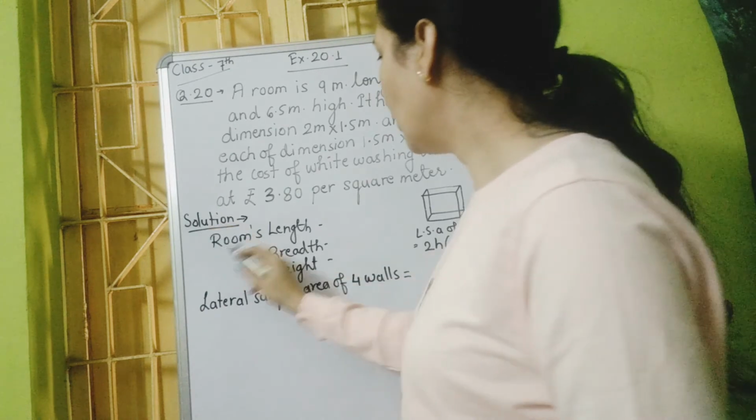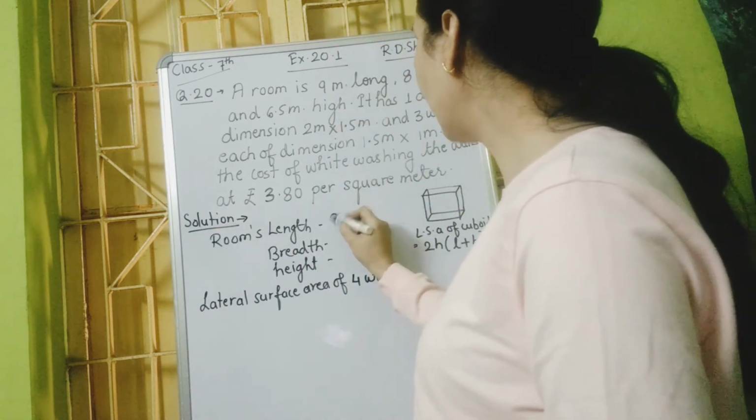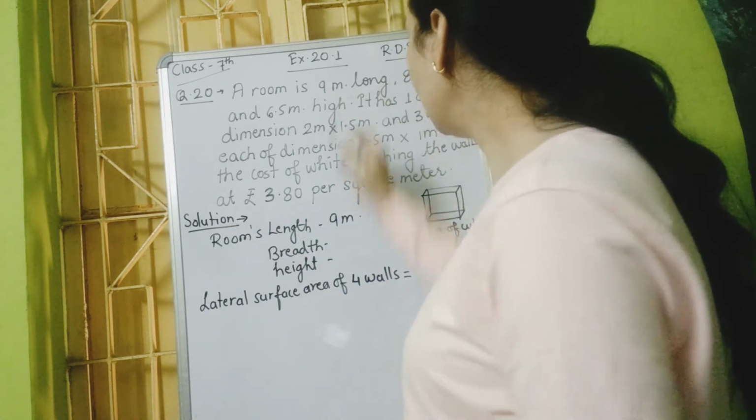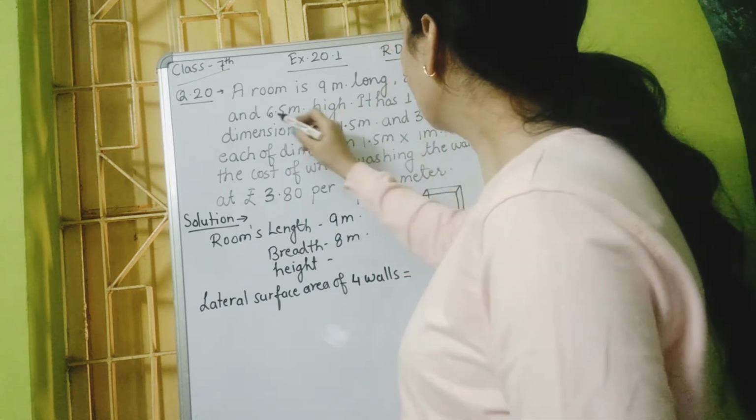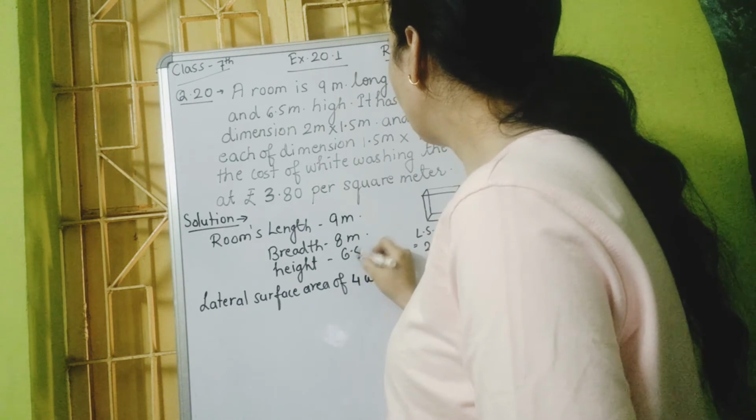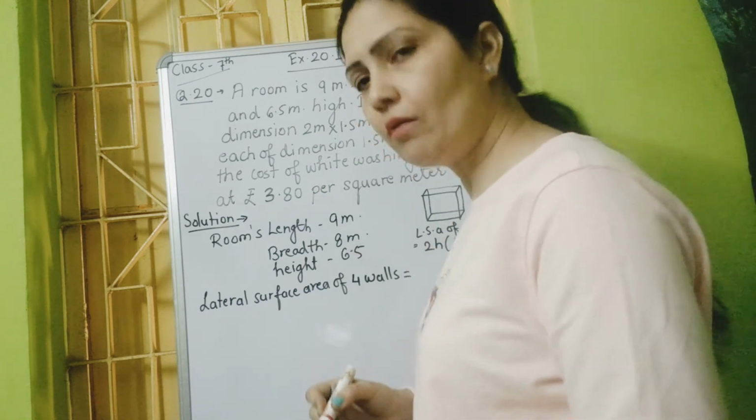So first, the room's length is given. Room's length is 9 meter, room's breadth is 8 meter, and height is 6.5 meter. Okay, so we'll use the same formula.